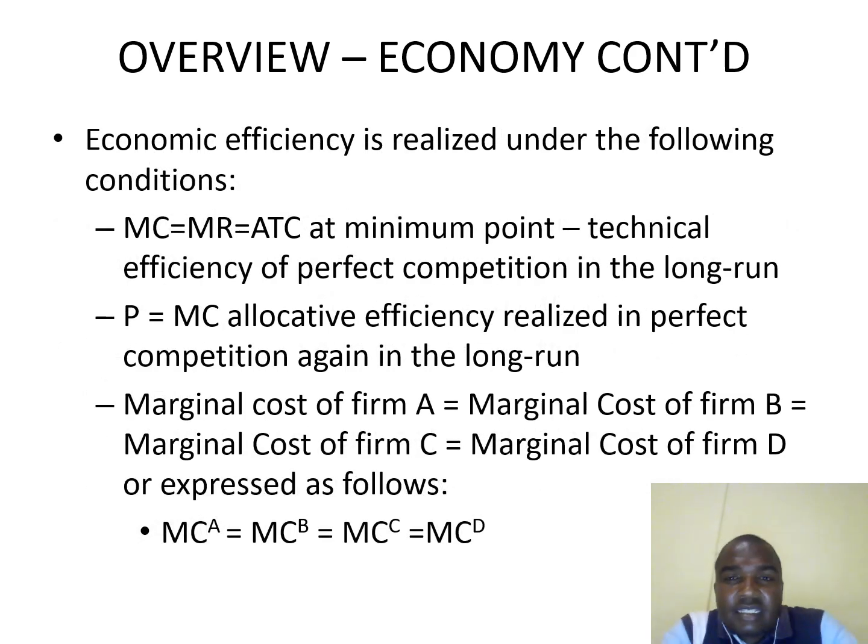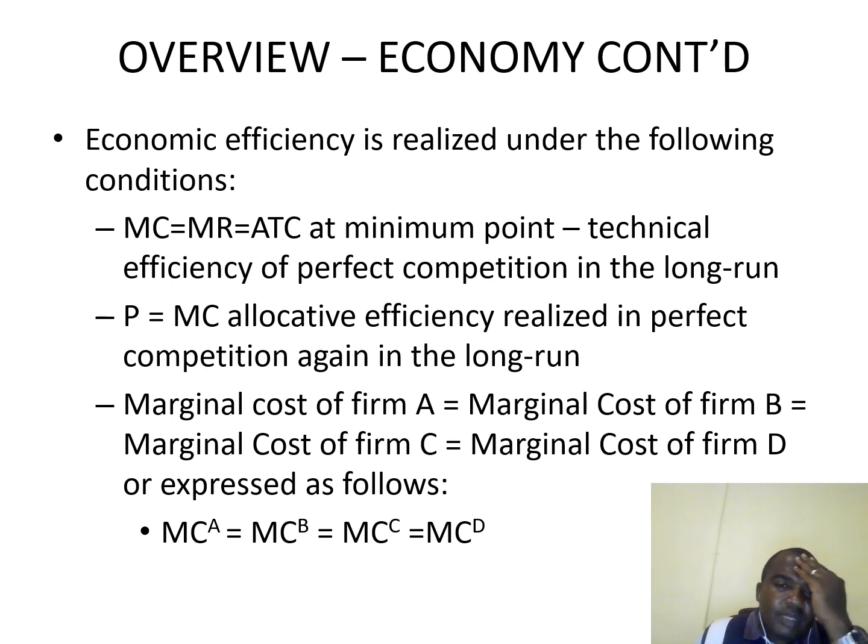Economic efficiency can be realized under the following conditions. When MC is equal to MR, marginal revenue is equal to marginal cost, and these two are in turn equal to ATC at a minimum point, which is the point of technical efficiency of perfect competition in the long run.